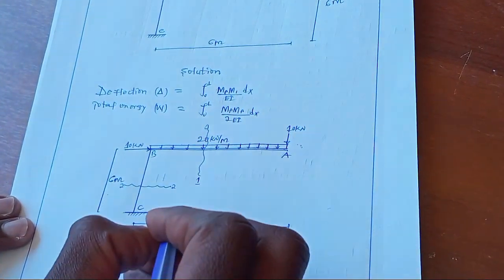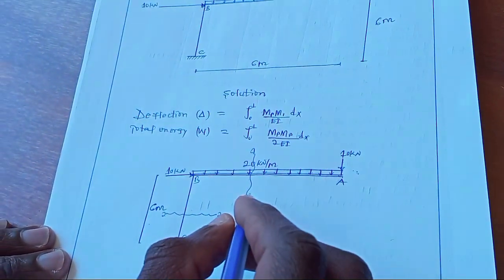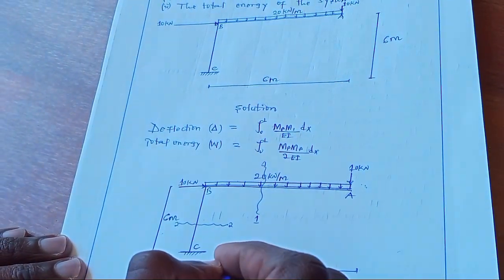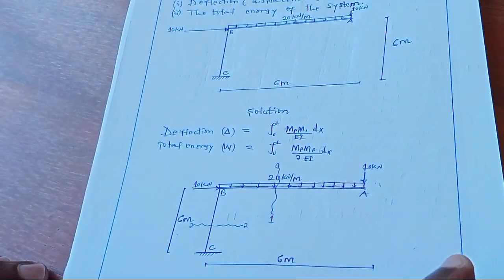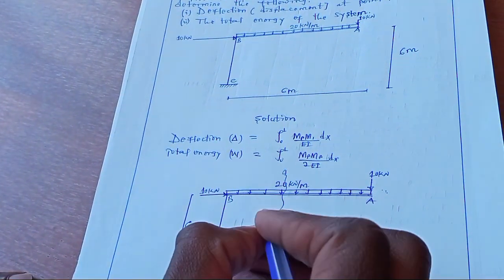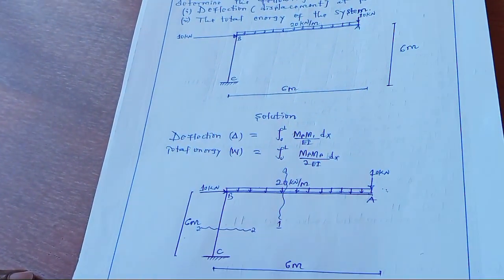So this system, to calculate the deflection at point A, we'll have two sections, section 1 and section 2.